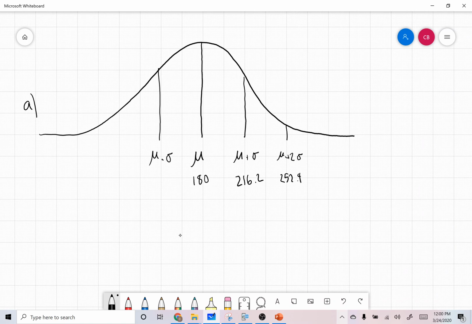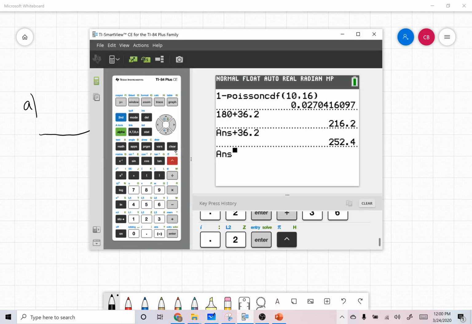And then obviously we can go backwards. If we do 180 minus 36.2, 143.8.